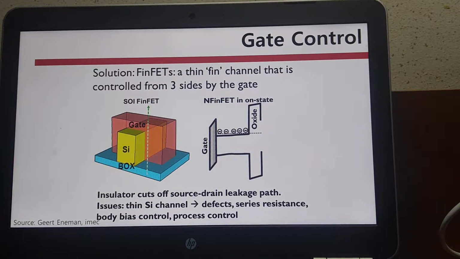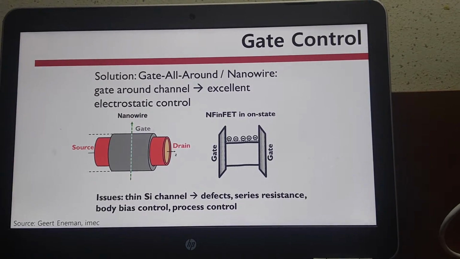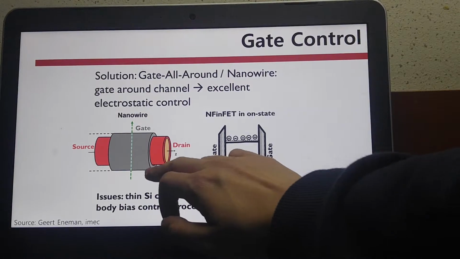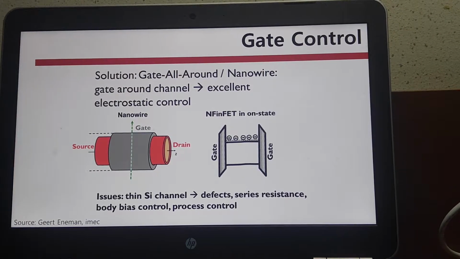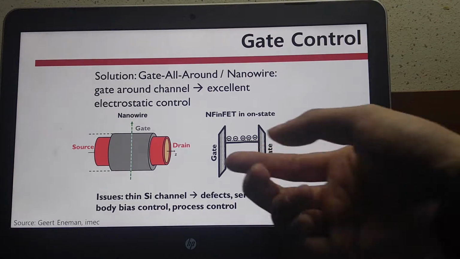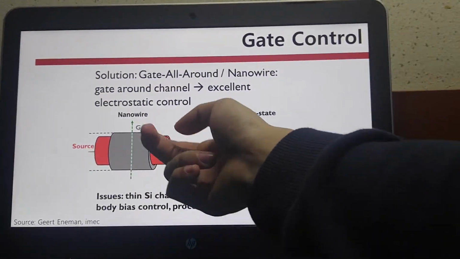And there is another method of gate control, which is gate-all-around in the form of a nanowire transistor. Here, the gate is different from other structures. It is excellent in gate control, but the main problem is that it is really hard to realize. Especially, it is hard to stack the below part here.